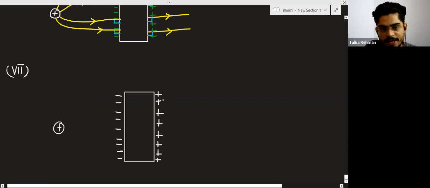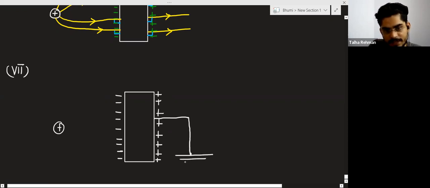But now what I am doing, I am just earthing this conductor. Earthing is represented like this. Earthing means all the charge will move towards the earth.